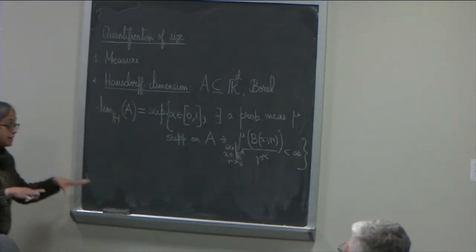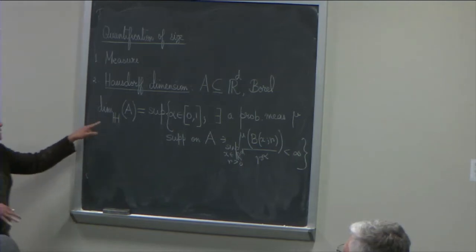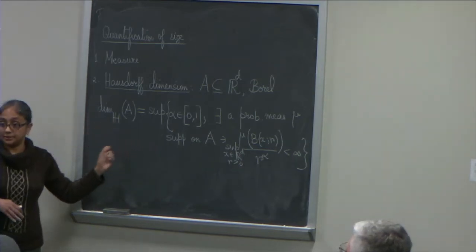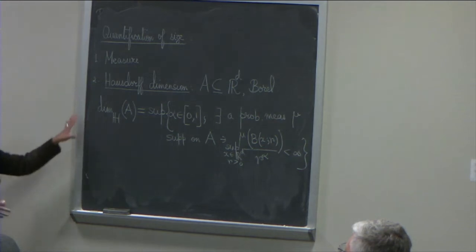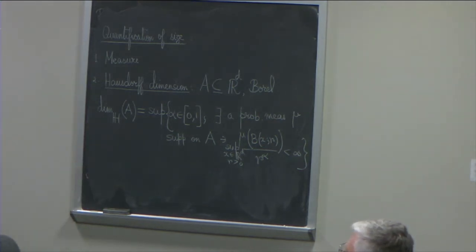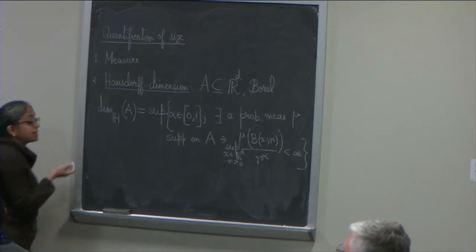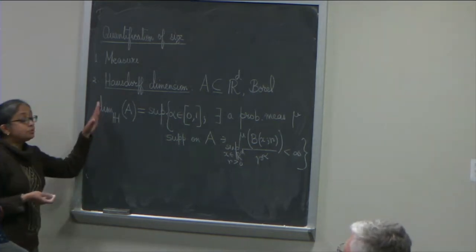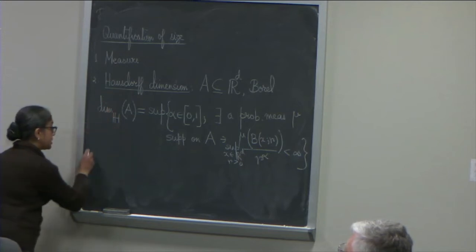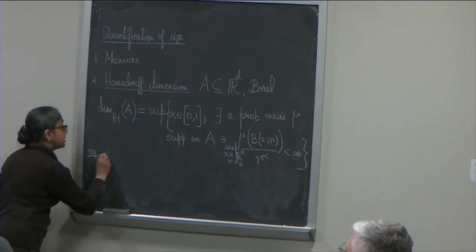The more spread out the set A is, the larger alpha will be. And of course, this is consistent with our usual notions of dimension. Every line, smooth curve will have Hausdorff dimension 1. Okay? But also, if you think of other objects like the middle third Cantor set, that will have a fractional dimension.